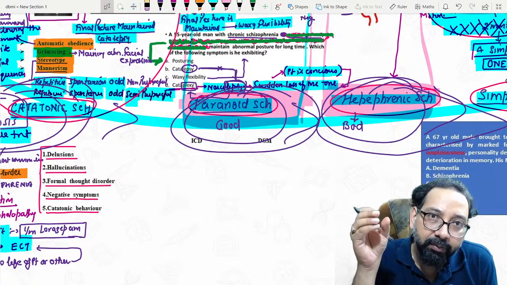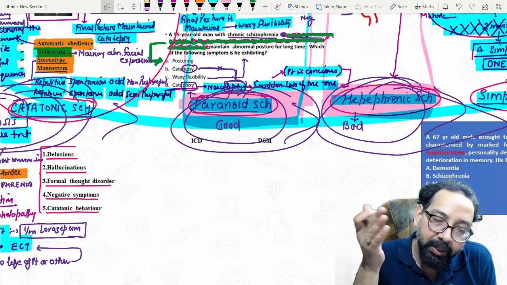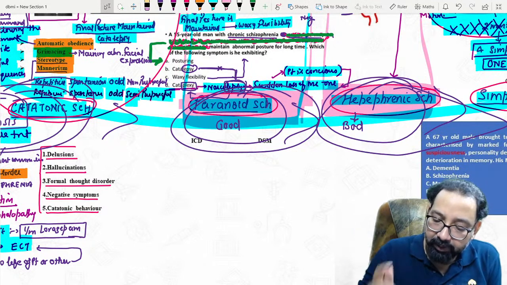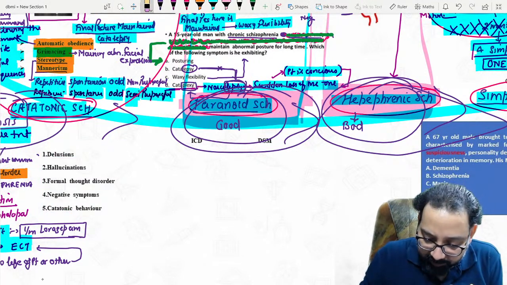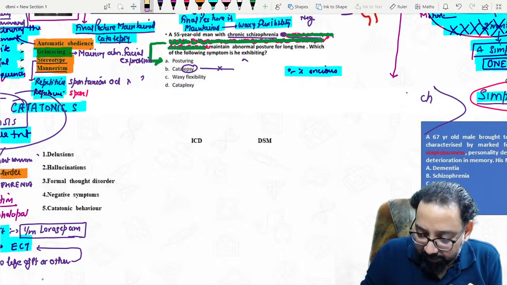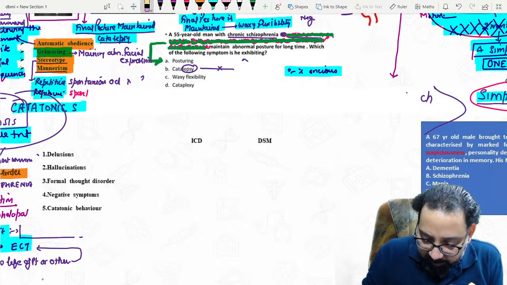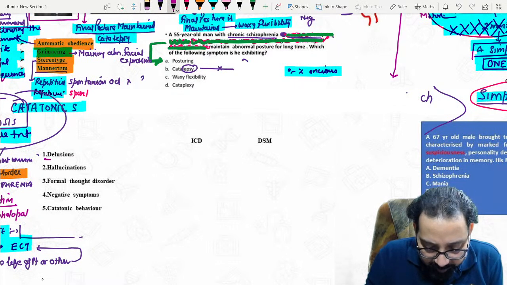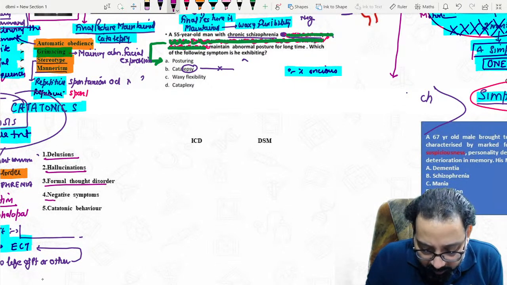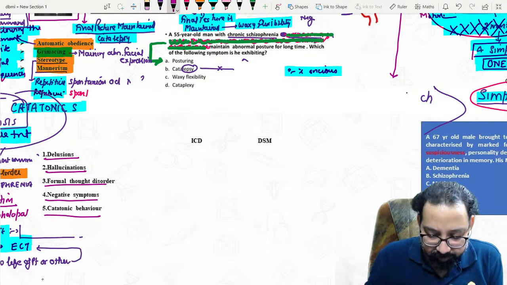If less than 1 month, ATPD; more than 1 month, schizophrenia. But what does DSM-5 say? We already know these 5 symptoms: delusion, hallucination, formal thought disorder, negative symptom, catatonic symptom.